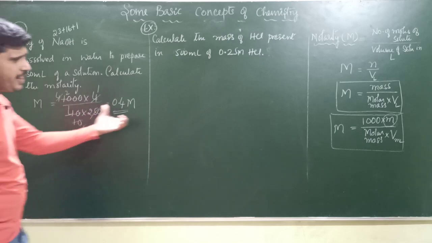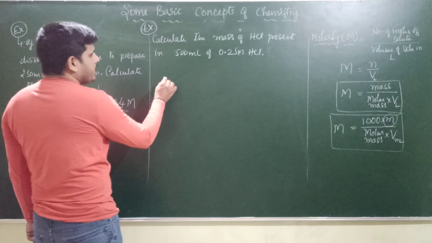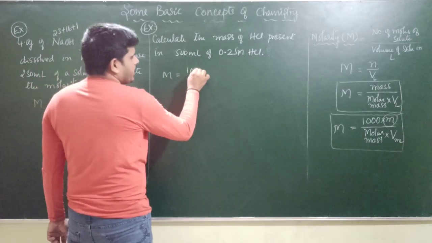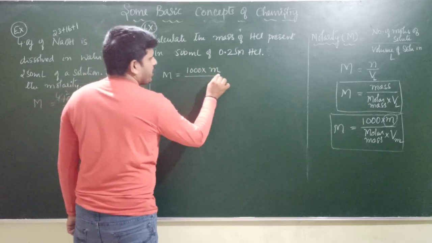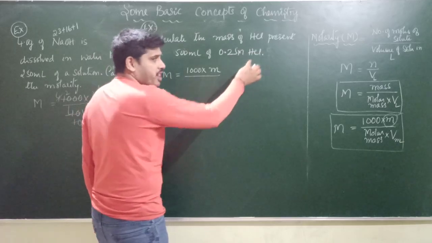What we are supposed to do is rearrange the formula, that's all. The mass is asked now in this case. So let us write molarity is equal to 1000 into mass, which is asked, divided by molar mass of HCl: hydrogen 1, chlorine 35.5.